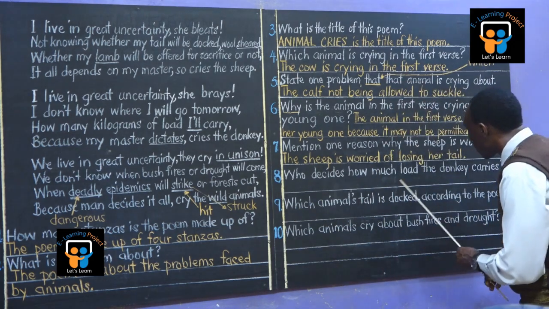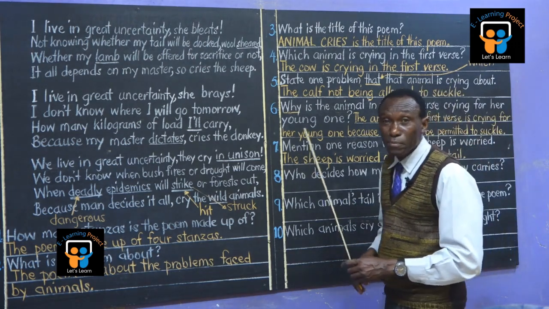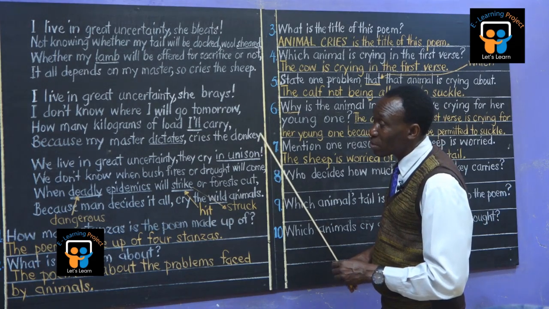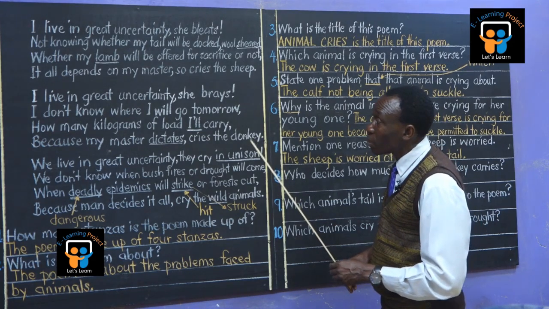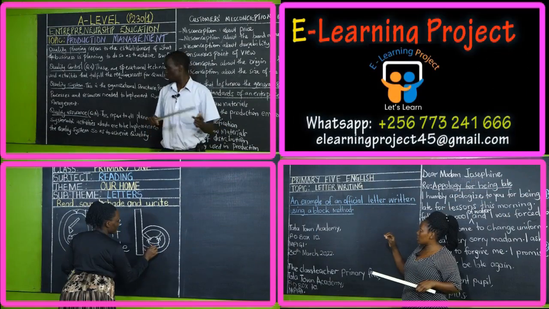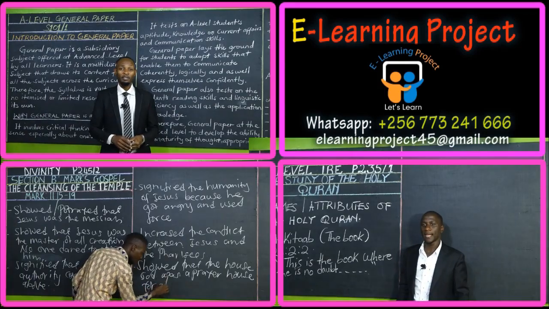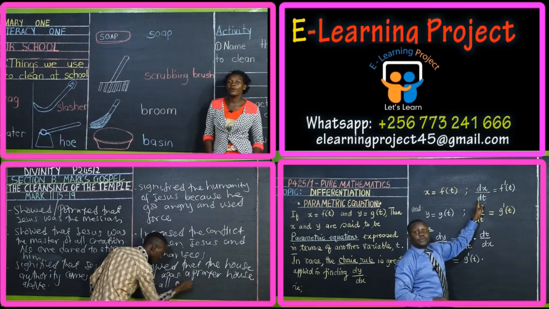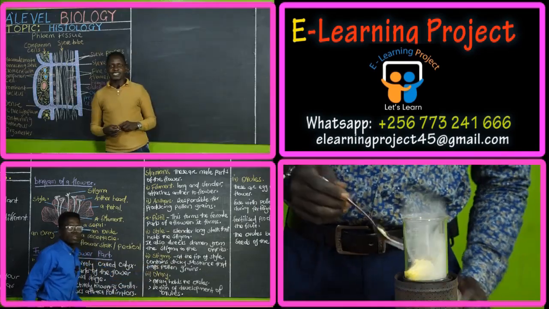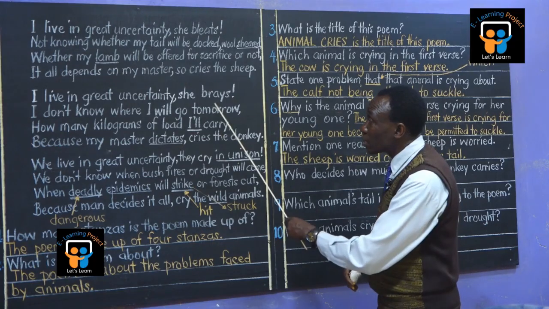Who decides how much load the donkey carries? Let's go to the donkey. Where is the donkey? In which verse? In the first, the second, the third, the fourth verse. Which one? In the third verse: I live with great uncertainty, she brays.